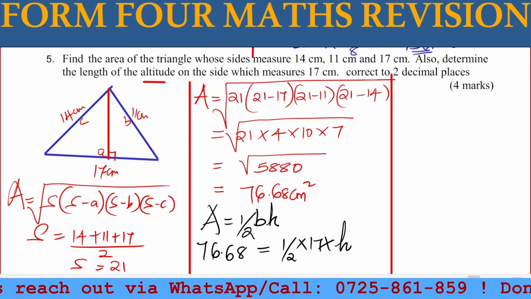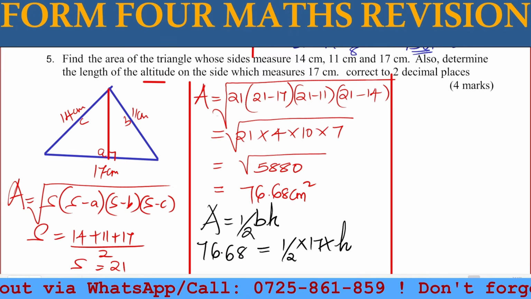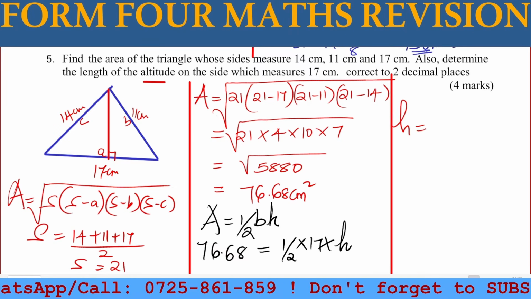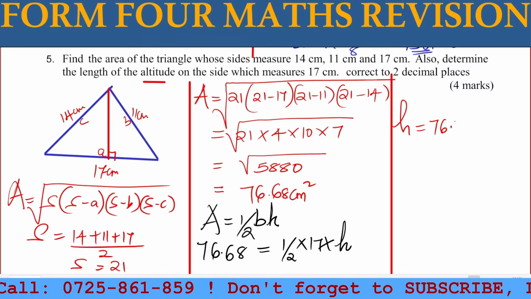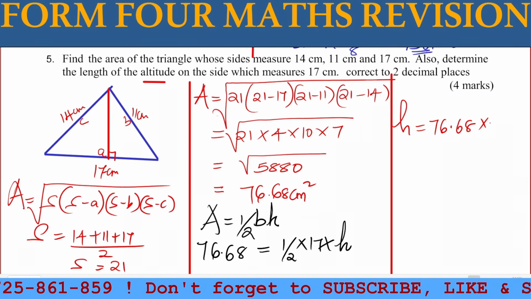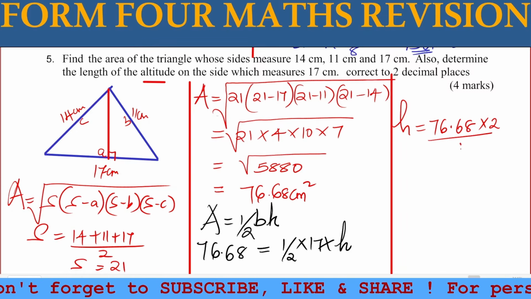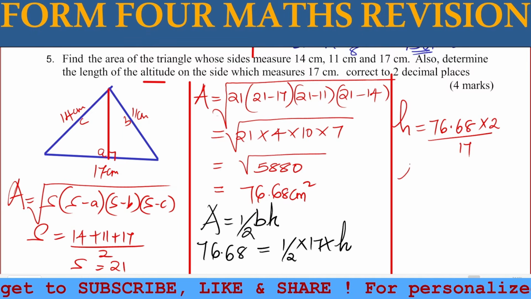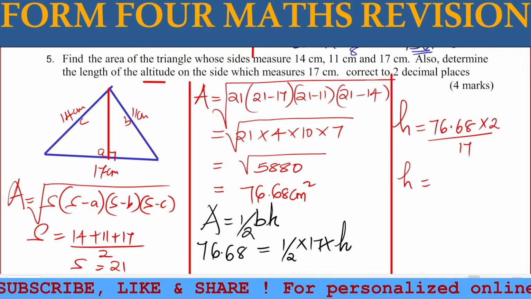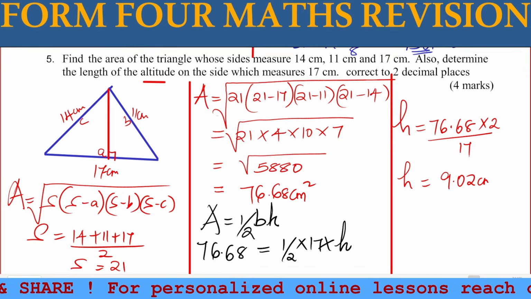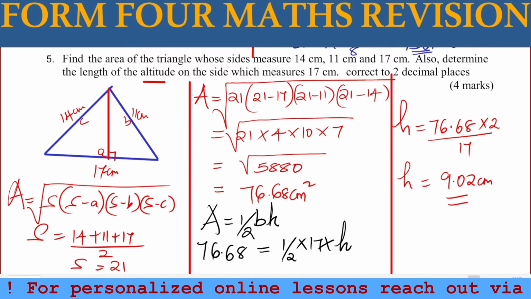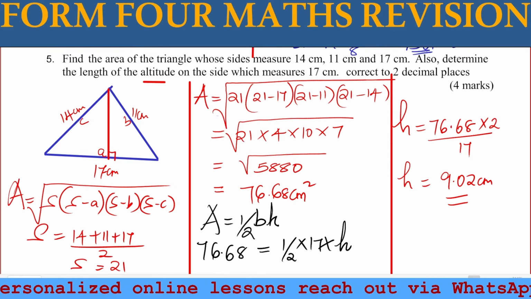You're looking for the height, so we make h the subject. So height will be given by 76.68 times 2 divided by 17, and this will give 9.02 centimeters. So that is how we get the height or the altitude.